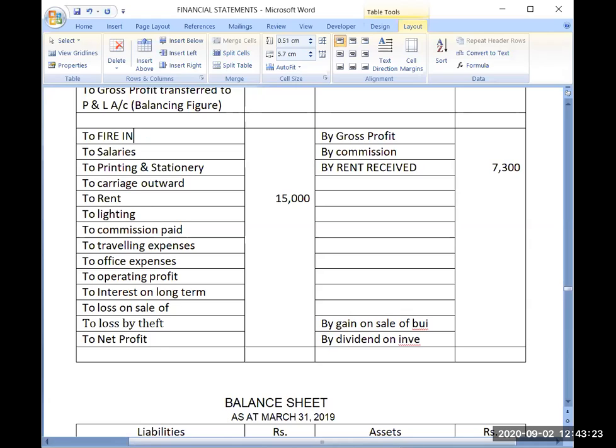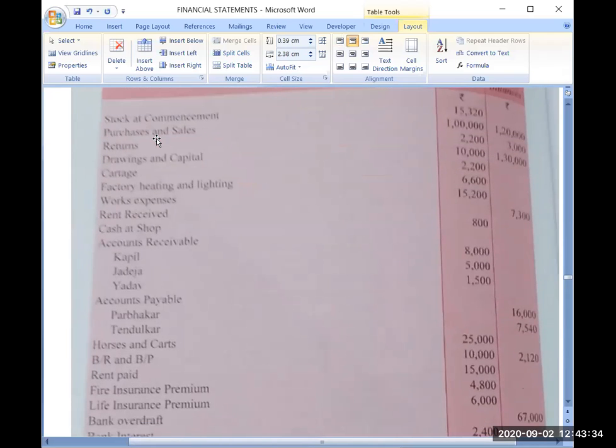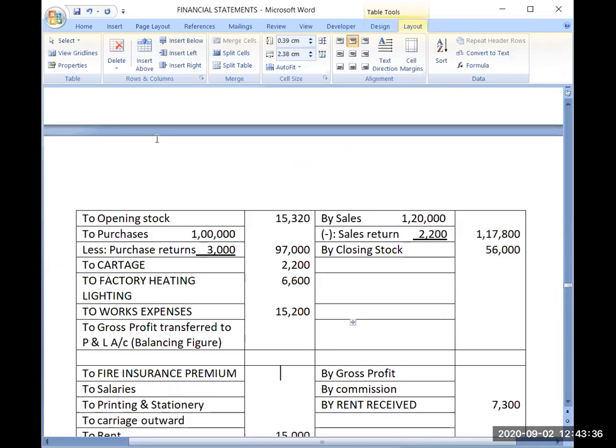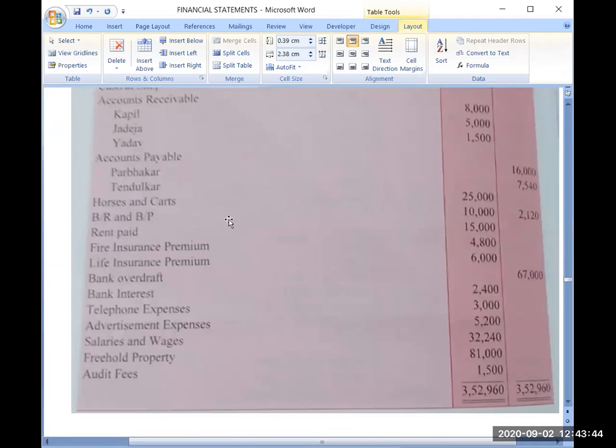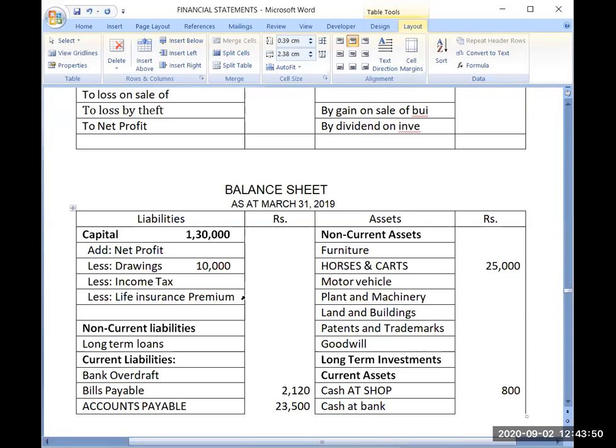And life insurance premium is the drawings of the proprietor, 6,000. So it will be subtracted from here.